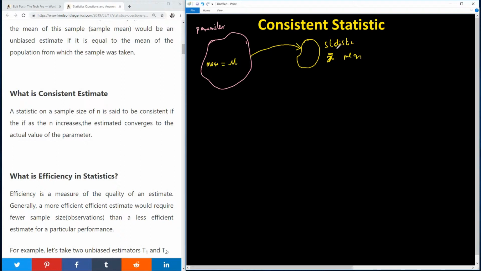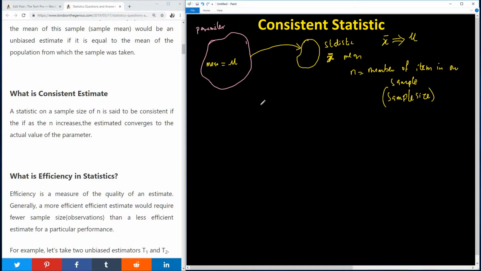If the mean we calculated from the sample is consistent, then as n increases, where n is equal to the number of items in our sample, or simply call it the sample size, this estimated value tends towards the actual value.